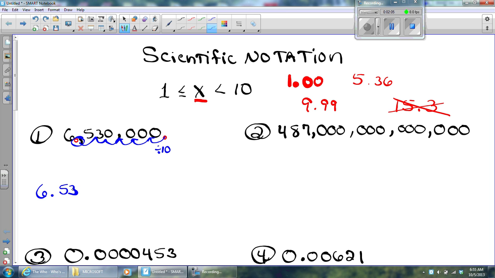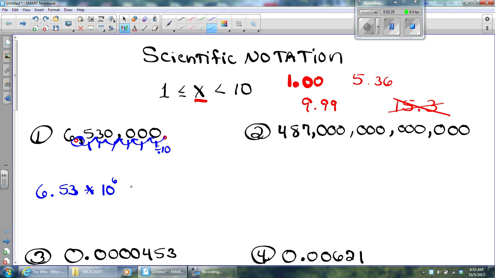We can't just change a number because we want to. So to cancel out all that division we just did, we're going to multiply by a power of 10. What power of 10 do you ask? Well, how many times did I divide by 10? 1, 2, 3, 4, 5, 6.